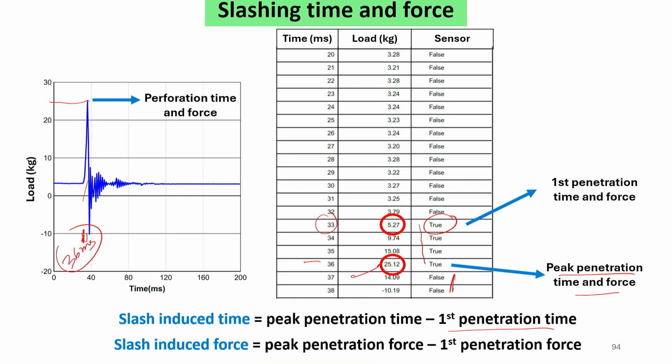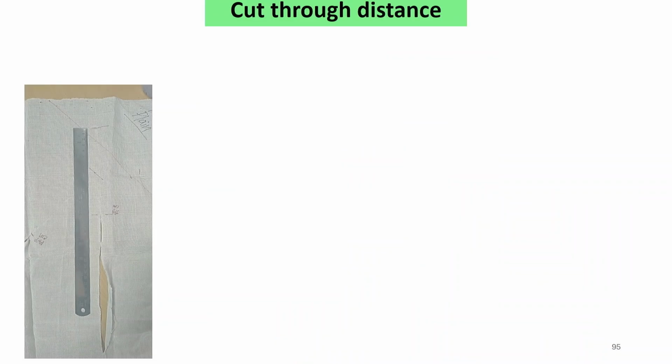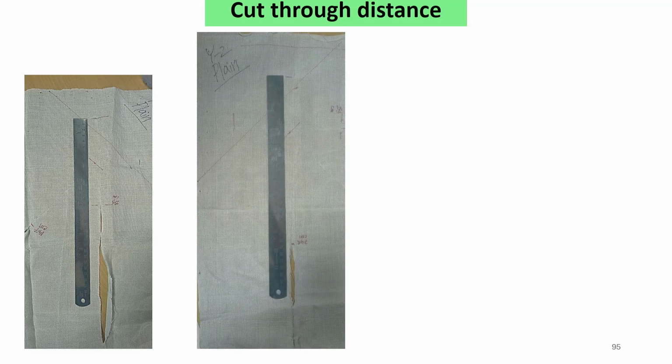Slash induced force is the peak penetration force minus the first penetration force. These two data will tell the slash performance, and the cut through distance is something we can calculate.